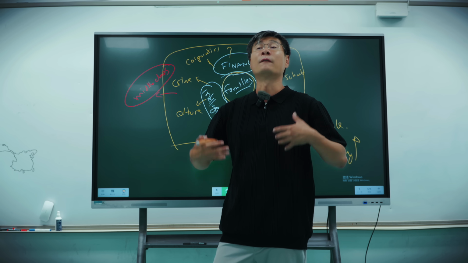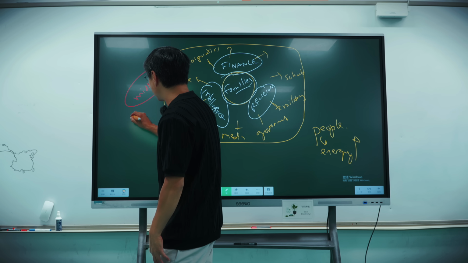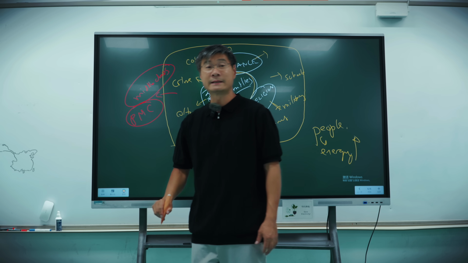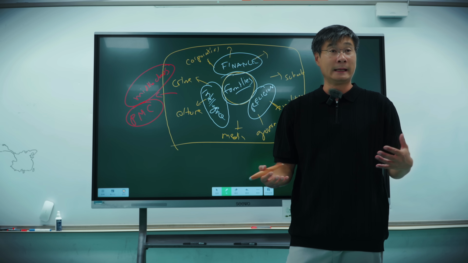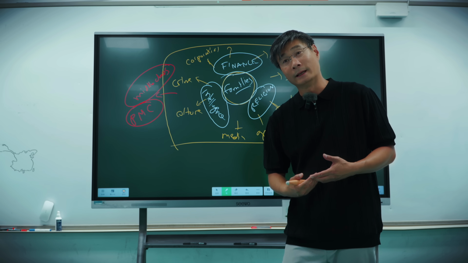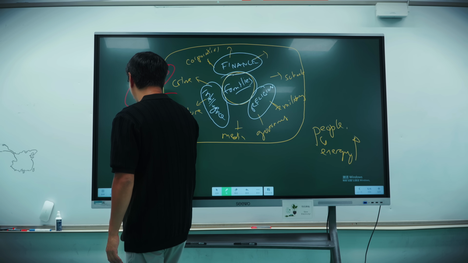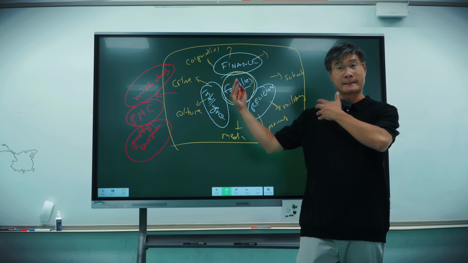We call them the scholar officials, right? Another name for them is the professional managerial class, PMC. Also, another name for them is the petty bourgeoisie. Again, you don't need to know these names. For the purpose of simplicity, we will just call them the middle class. All right, does that make sense?